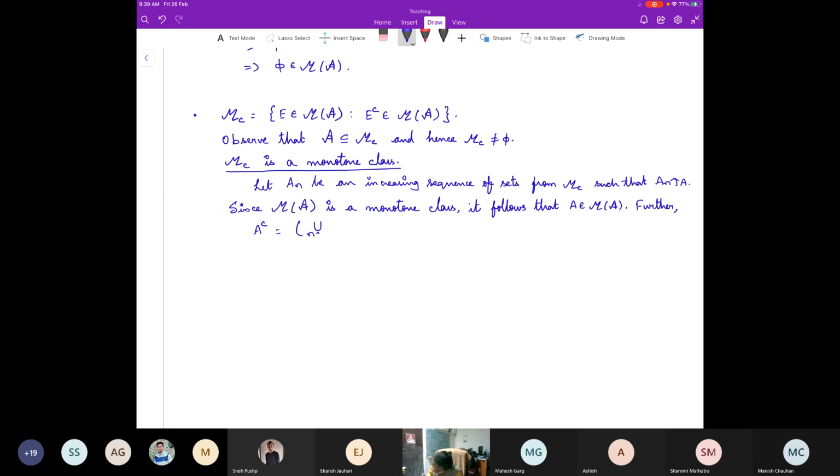It's the complement of this union, which is the same as the intersection over n in N of A_n complement. But the A_n's, where do they belong to?